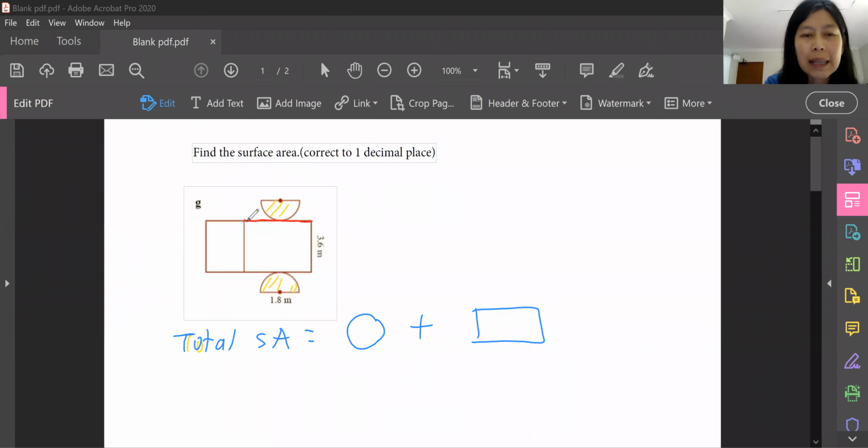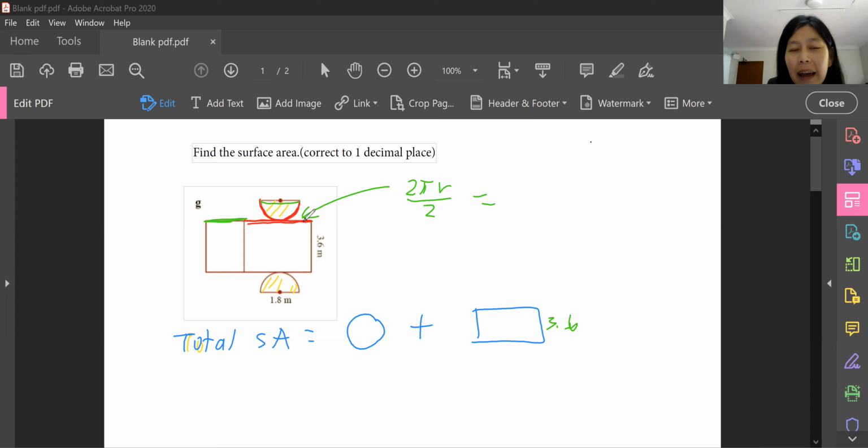The length here actually matches the length of the arc of the semicircle. Here matches this. So this is how we find the total length of the rectangle. To explain, the red one would be 2 pi r for the full circle, but it's only half, so I divide by 2.